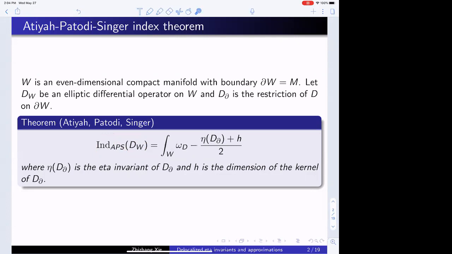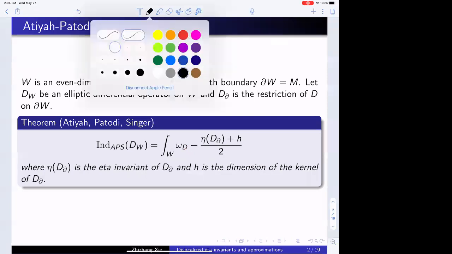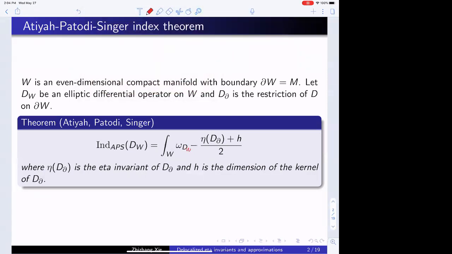Now it is equal to, there are two terms on the right. The first term is a local term, some differential form on the manifold W, which is determined by D_W.